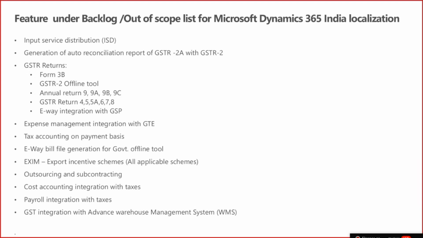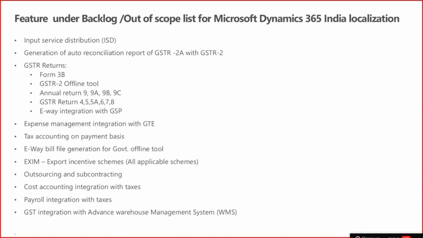It is in the backlog list, but it is not under any sort of plan to deliver in the near future. Then we have generation of an auto reconciliation report of GSTR2 and GSTR2A. As I stated, with the new tool, with the new return format system, government is providing a reconciliation process where the reconciliation will happen on the government side as well.